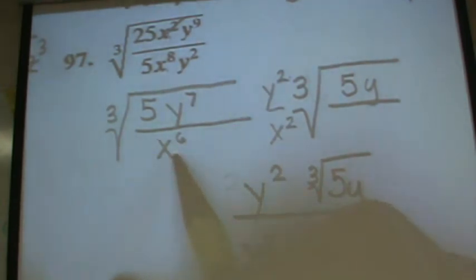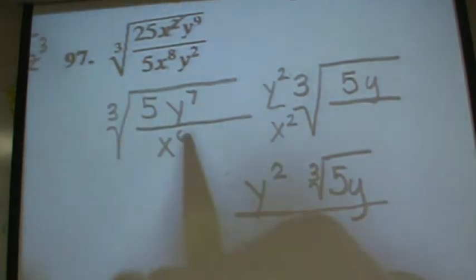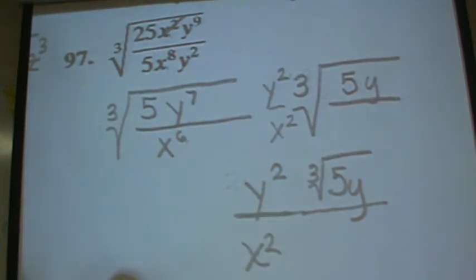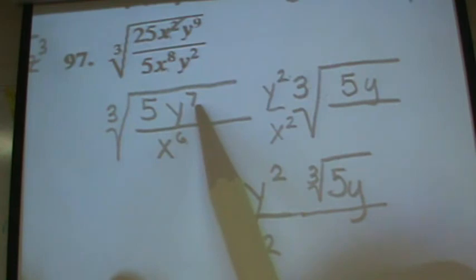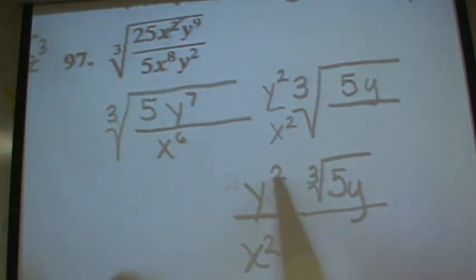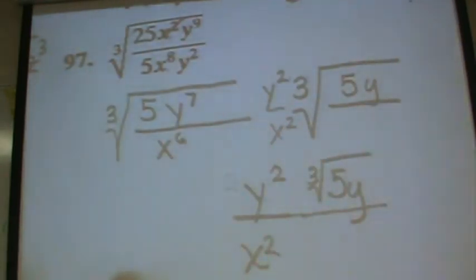But this x to the 6, you can take 2 sets out, because 6 over 3 is 2. So 2 sets of y's come out, but the 5 has to stay, and that 1 leftover y has to stay. And it's in the numerator. And that concludes section 7.2.